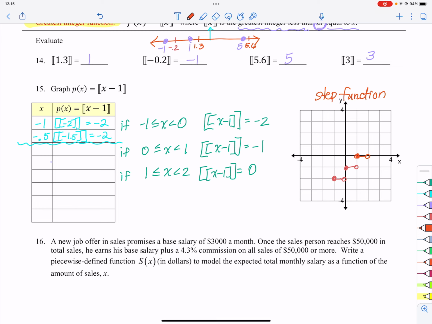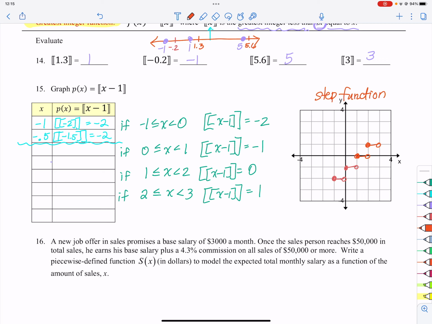Okay, and you can already guess what the rest of the graph looks like, but we're just doing a few of these. Then that greatest integer of any of those values minus 1 is going to equal 1. So it looks like this. And that's what it looks like.